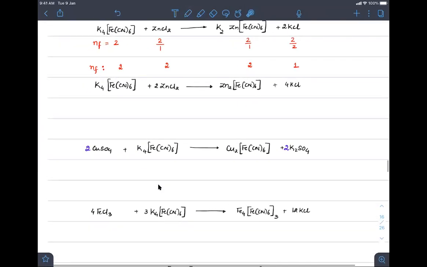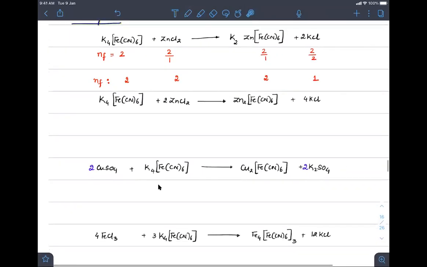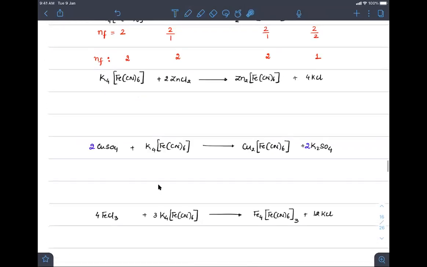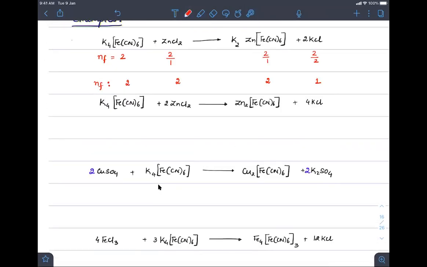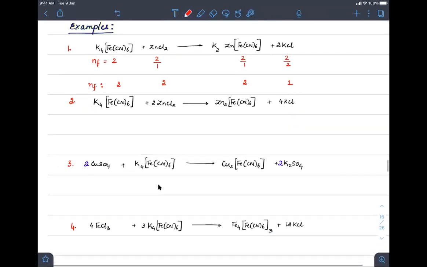Right. Let us try the next one. You don't have to write all the question, just put it on the chat box, everybody. So this is the first one. Check out the second one. What should be their coefficients? Third one, fourth one. I want their n factors, not coefficients, n factors. Because I have already balanced it.